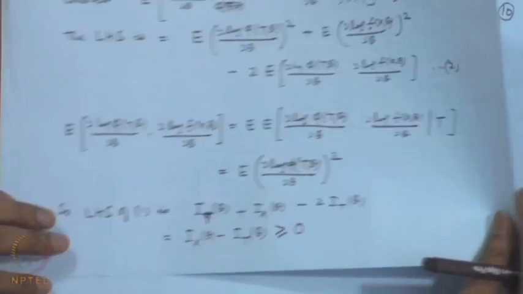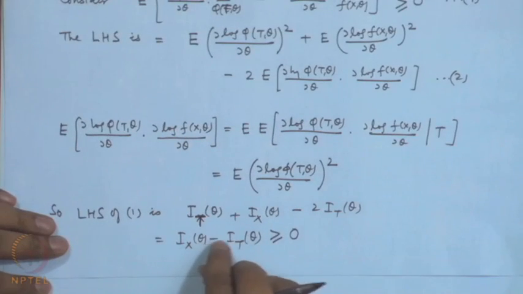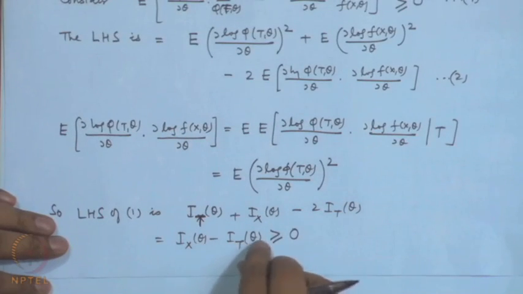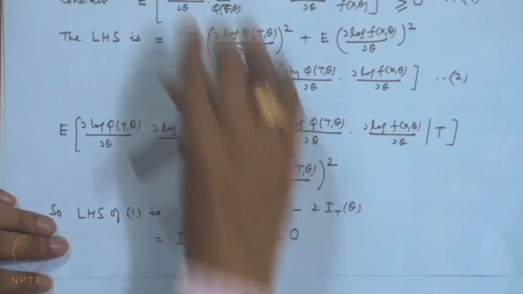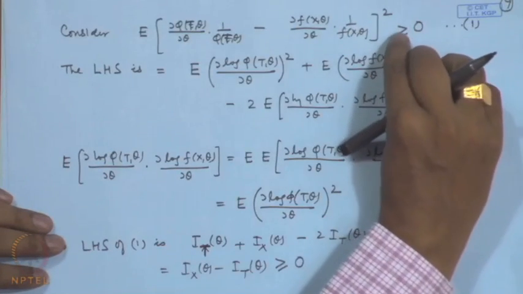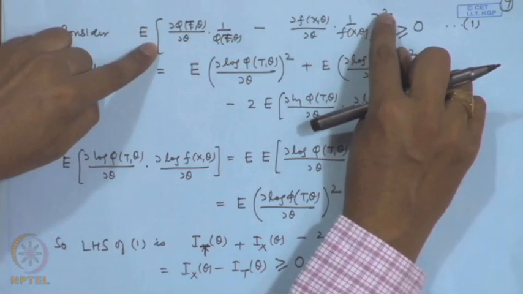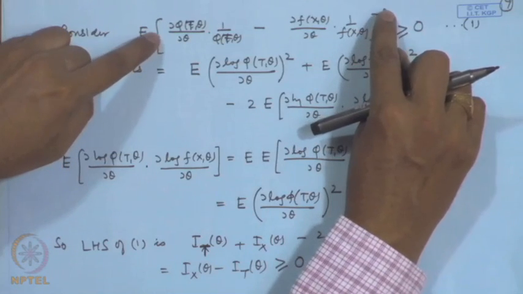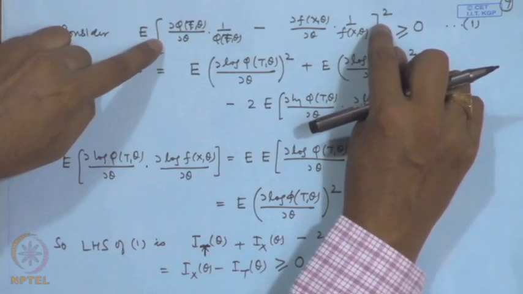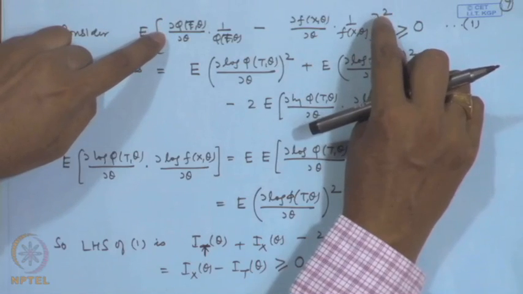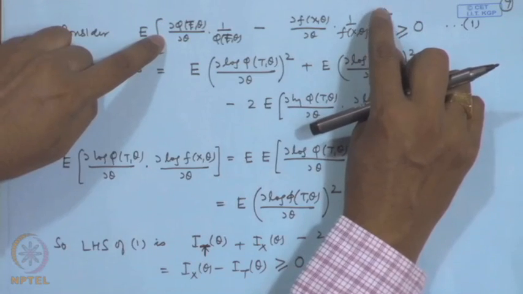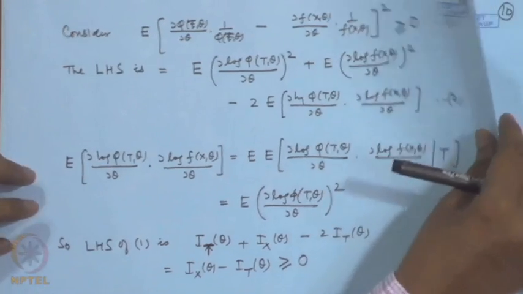Now, when will there be equality? If we are considering I_X(θ) minus I_T(θ) equal to 0, that equal to 0 will come if we have equal to 0 here. Now, this is an expectation of a non-negative quantity. If we say that expectation is 0, then the quantity itself must be 0 with probability 1.